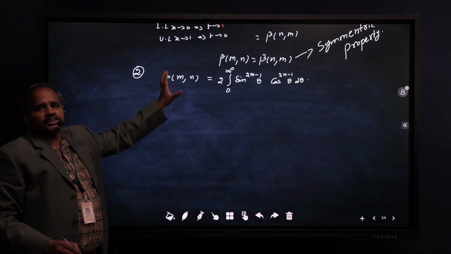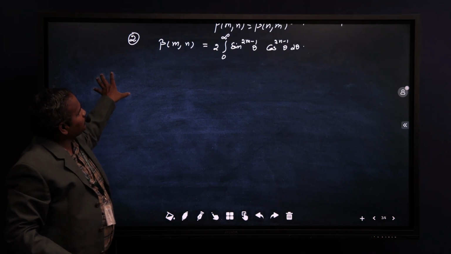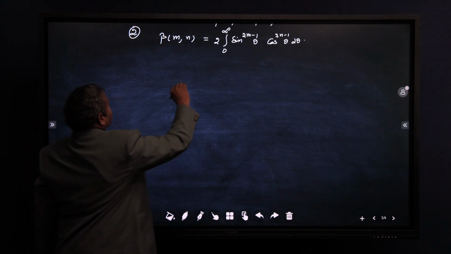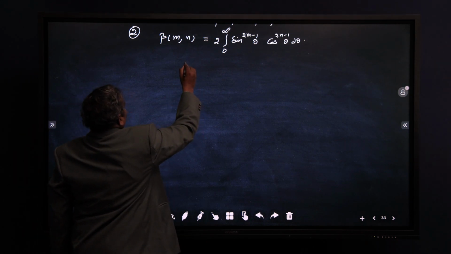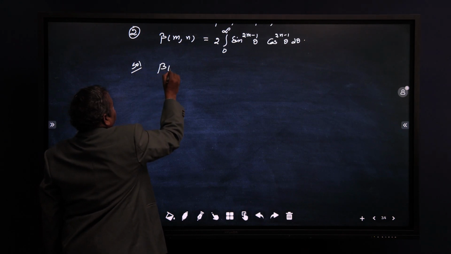So the beta function we need to show in this form. For that, here we are using a substitution. First write the beta function. What is the beta function?